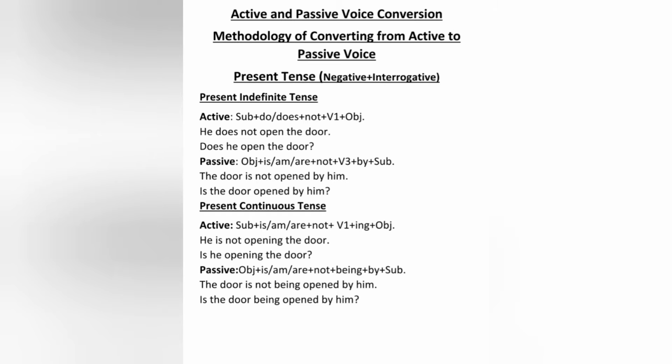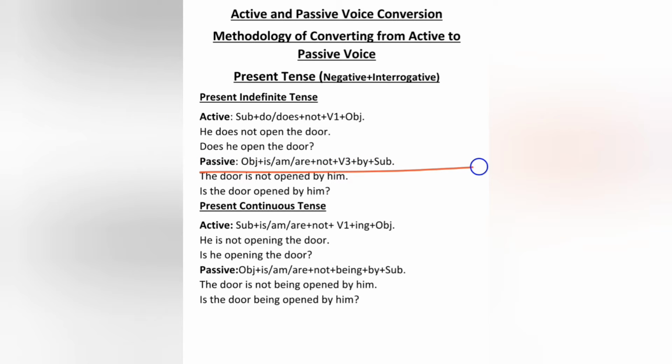For example, he does not open the door. And when we make the interrogative form, does or do will come at the beginning of the sentence and the rest of the sentence will remain the same. Means, does he open the door, and it will end with an interrogative mark. We all know that this is just kind of a revision for you.